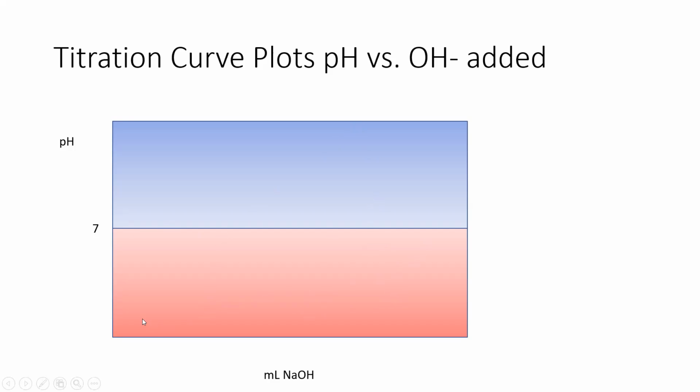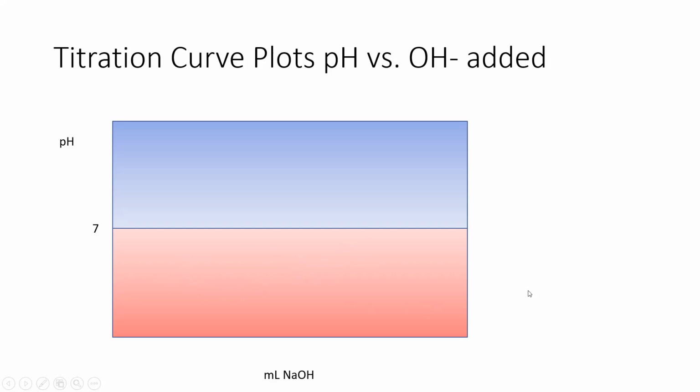So the red corresponds to red litmus paper. Litmus paper will turn red if it's acidic. Litmus paper will turn blue if it is basic. Okay, so usually when you have a complete titration curve, you're going to be in both of these areas, but you often spend a lot of time just in one of these areas. So either just in the acid range or just in the base range.